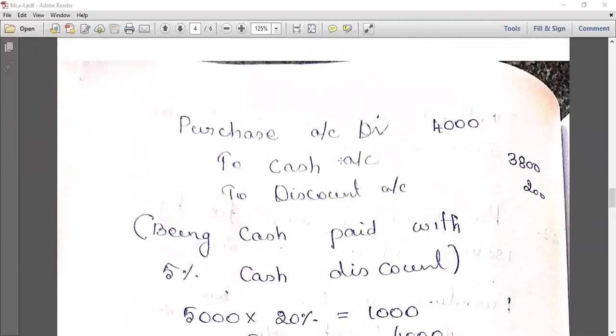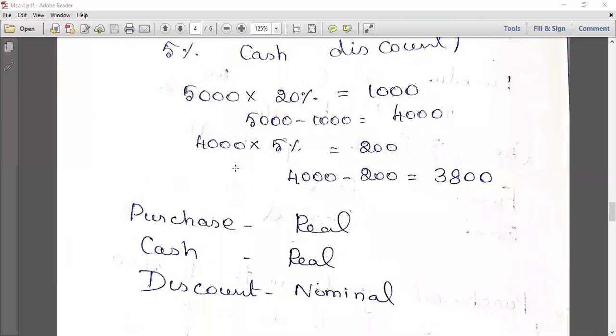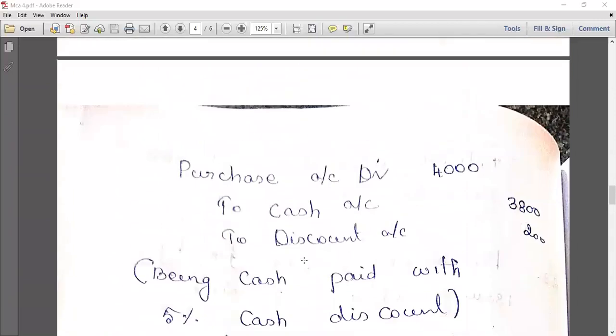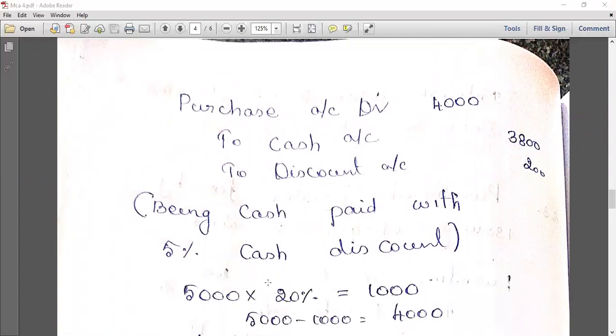So purchase account debit 4000 to cash 3800, only that we have to pay. While the discount is 200. Purchase is a real account, cash is a real account, discount is a nominal account. In this case, discount is earning.